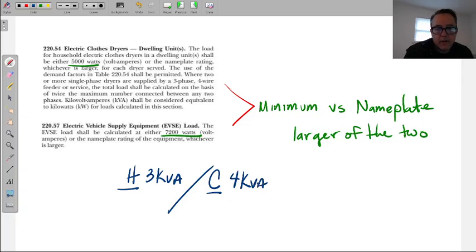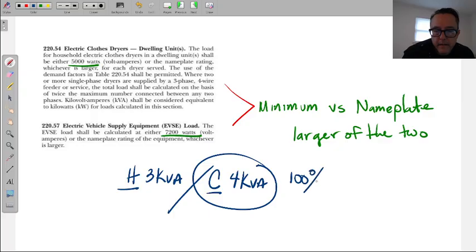Then I'm going to take the larger of the two at 100% of the nameplate value. There is no derating here. We're not lowering any of the percentages of the two, because air conditioning and heating systems are probably on all day. So this is one of those that likely is on all day, so there's no derating for it.